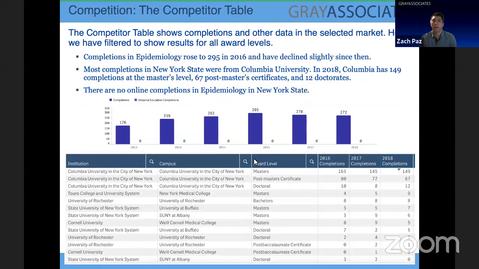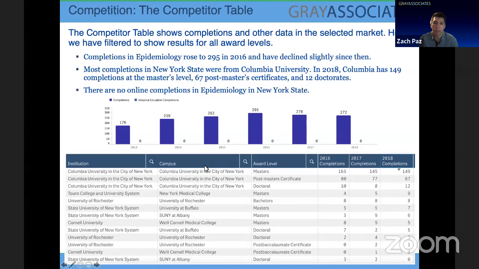So in New York, the largest institution is Columbia University. They provide this program at multiple levels, starting at the master's level with 149 completions in 2018. They also have a postmaster's certificate, producing 67 graduates, and a doctoral program where they're producing 12.